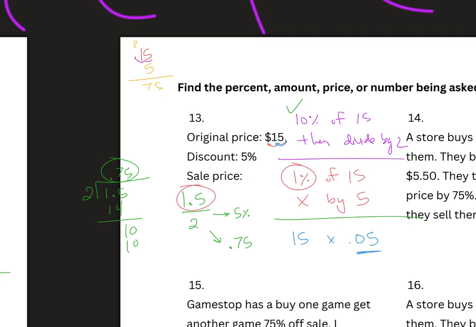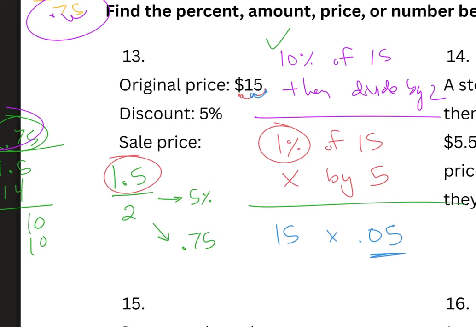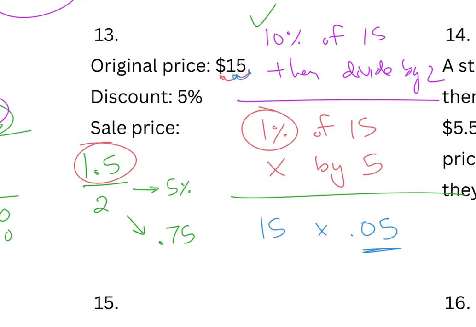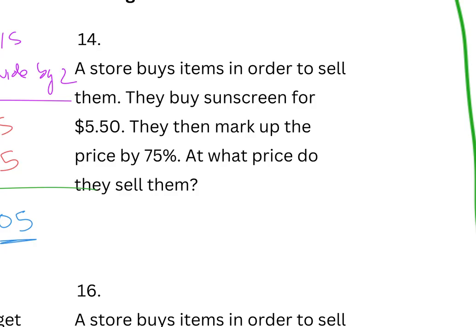We moved the decimal twice. Look, 0.75, 0.75. Either way, you're taking 75 cents off of this. So the answer is $14.25.